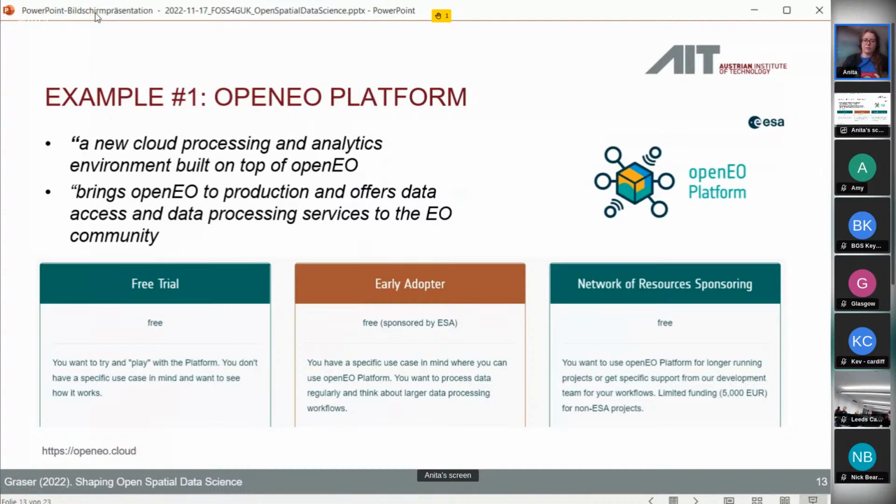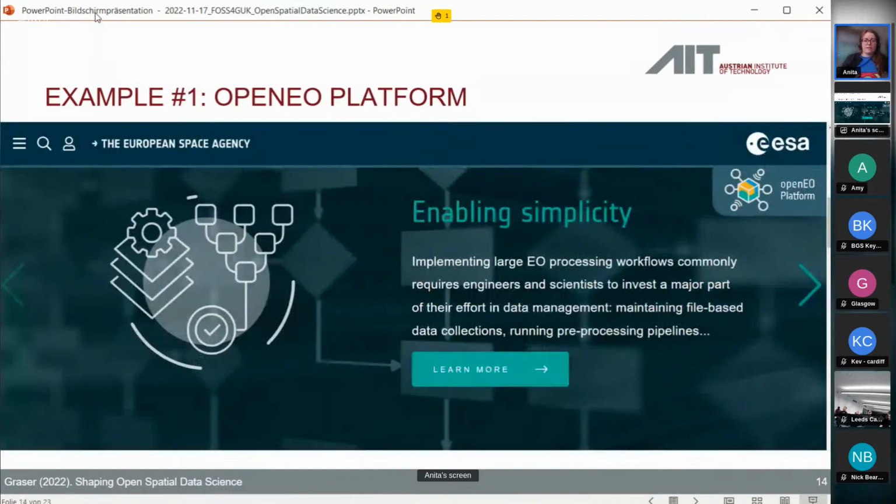There are free trials and also early adopter accounts, which you can apply for if you want to work with the data on the infrastructure that this platform provides. And they explicitly target these pain points of making things simpler, to take away all the engineering know-how that people need to set up workflows, either for producing results or for reproducing results during paper review or other steps in the whole process.